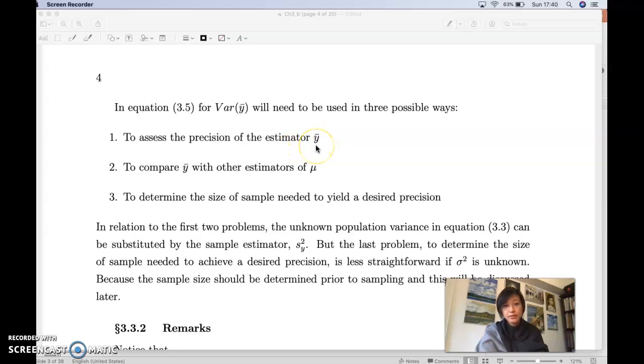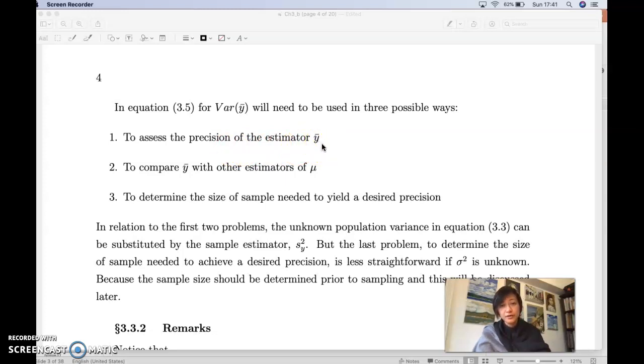First of all, we can use the variance of y bar to assess the precision of the estimator. One point estimate, y bar, is not good enough to describe the population. If you can still recall, if we take the square root of the variance of y bar, we call that the standard error of our sample mean. Using the standard error, assuming our sample mean follows a normal distribution, we can construct the confidence interval of our estimator y bar.